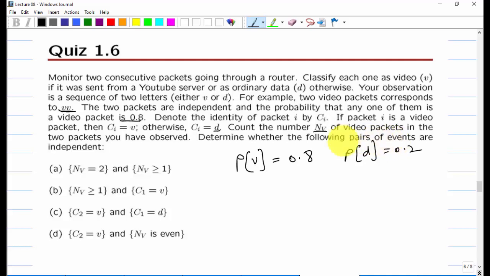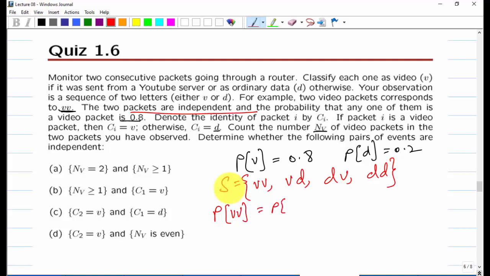Determine whether the following pairs of events are independent. Because we are only checking two packets, the sample space will be very simple. It will be either both of them video, one video and one data, first data and second video, or both data. By the definition given, because the two packets are independent, the probability of individual events can be found very easily.